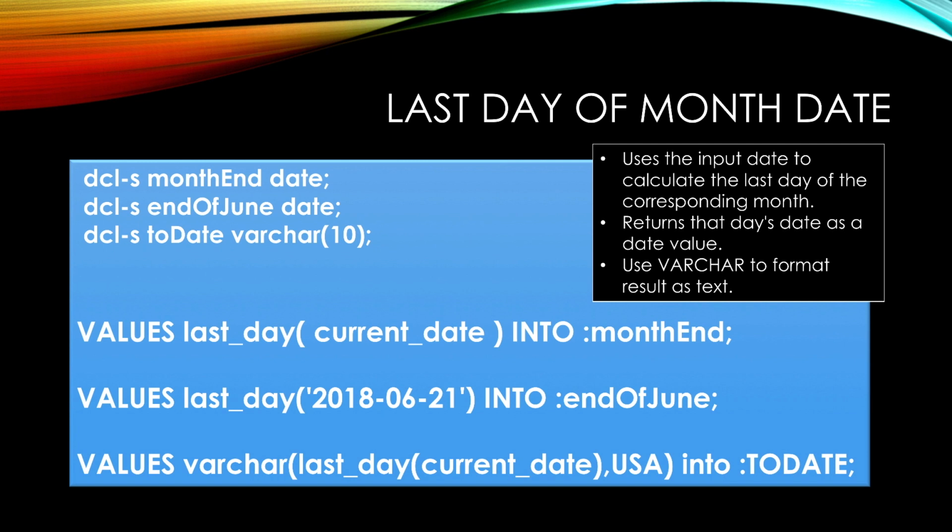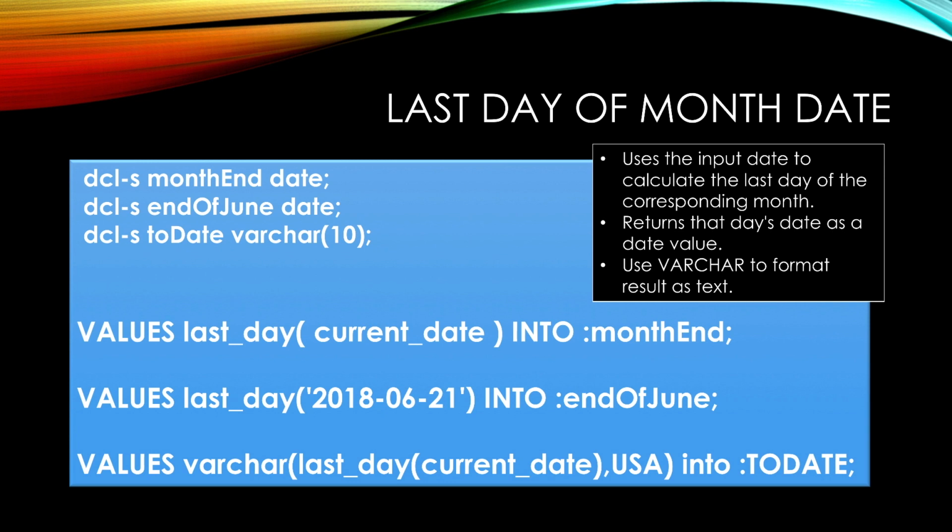Next, we're going to hard code a character string that contains a date in ISO format, and the routine still works, and it returns, in this case, the end of June 2018. And lastly, I'd like to take the current date, pass it to LAST_DAY, get the last day of the month, but I want that value returned to me in USA date format, which is month, day, and then a 4-digit year with the slash embedded in it.